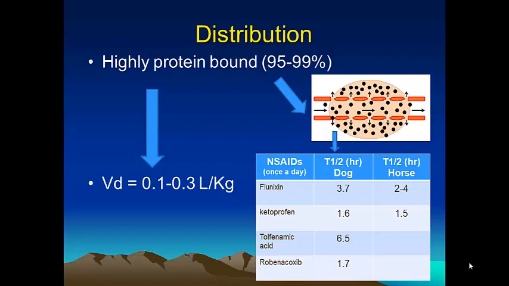In the case of non-steroidal drugs, that may have a therapeutic advantage, because when there is an inflammation, as you can see here, the permeability of those capillaries allows the proteins to leak outside of the vessels, and you get accumulation of the drug in that inflammatory exudate.